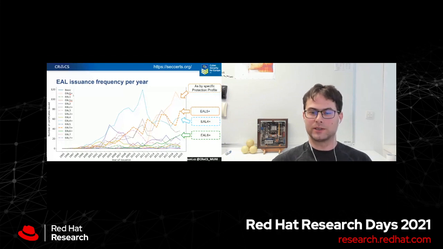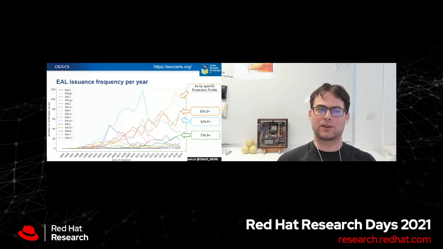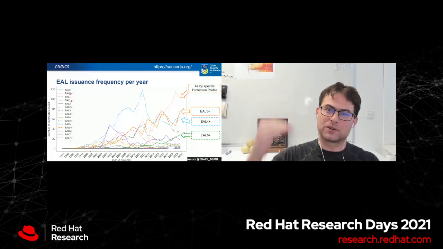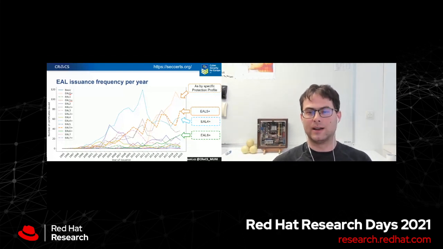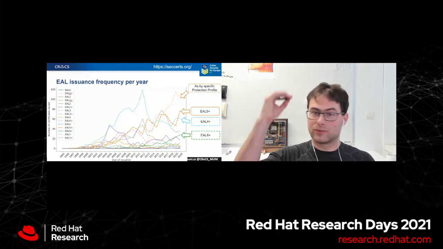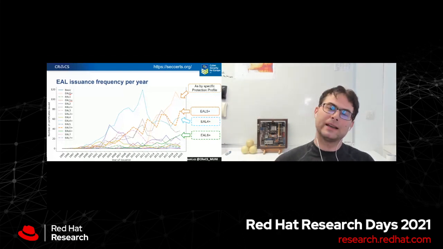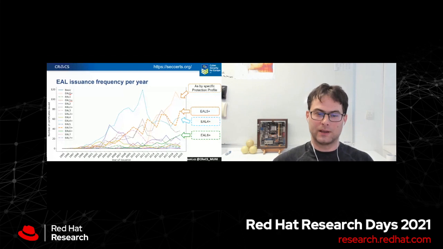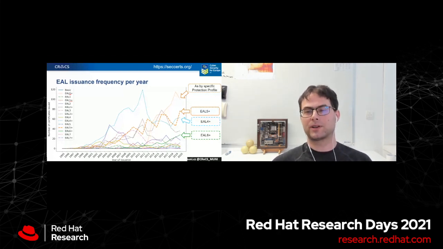And what you can quickly see out of this is we have more and more secure certificates, or at least with respect to security level. So EAL5 plus is here, EAL4 plus is here, 6 plus is also on the rise, which is already quite high level. And a lot of them, especially since 2012, are according to protection profile.